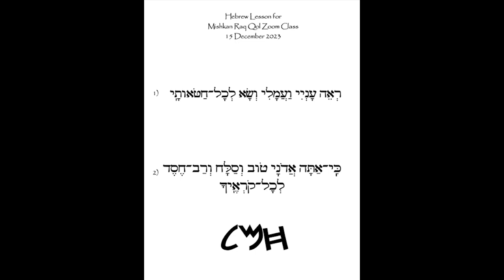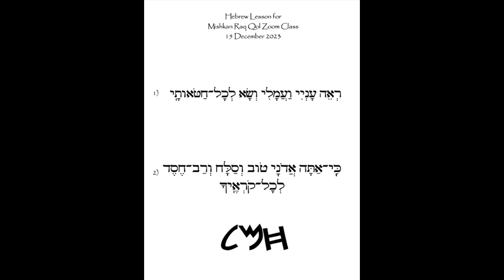All right. We have a vav pointed with vocal shva. So since we have a vowel sound in this vocal shva, which is the quick E, right? We've got to open with the consonant sound. So ve. Then we have the letter sin. The indicator's on the left-hand side of this letter. So this means we're going to pronounce it as an S, not SH. If it was on this side, it'd be SH.